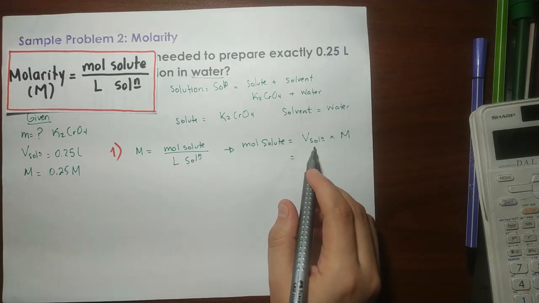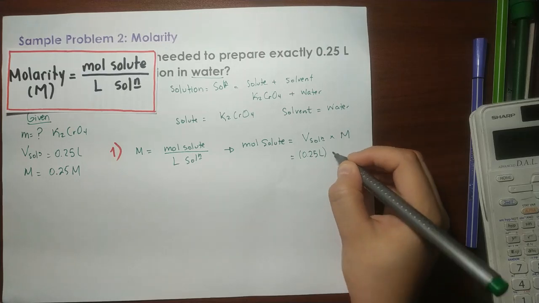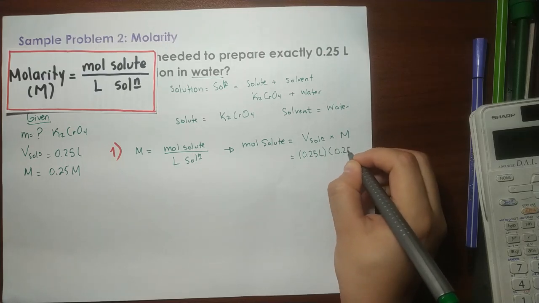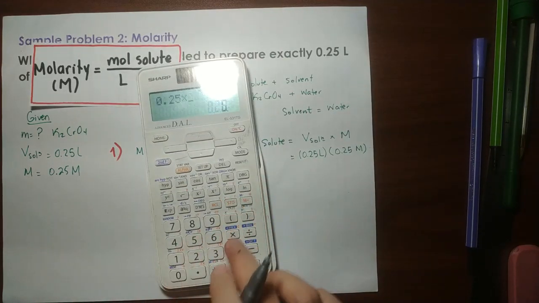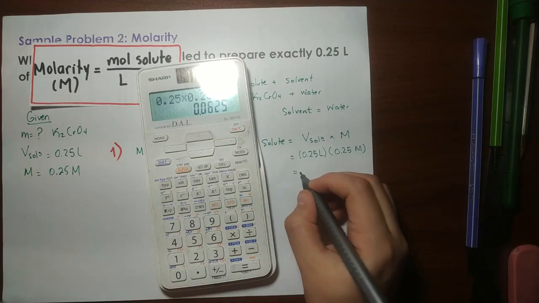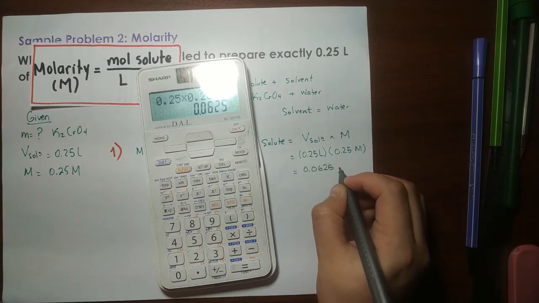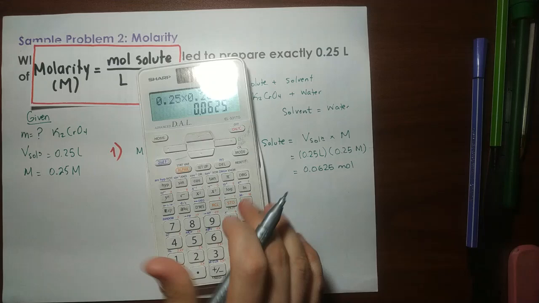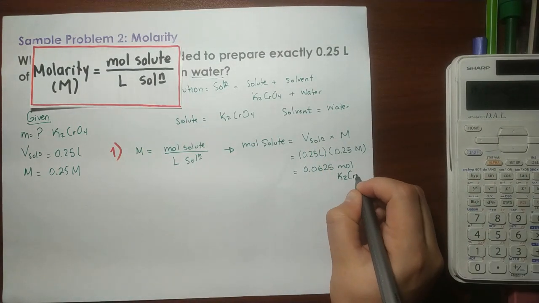The volume of solution is 0.25 liters, and the molarity is 0.25 M. So I just perform this in the calculator. This gives me 0.0625 mole of solute, mole of potassium chromate.